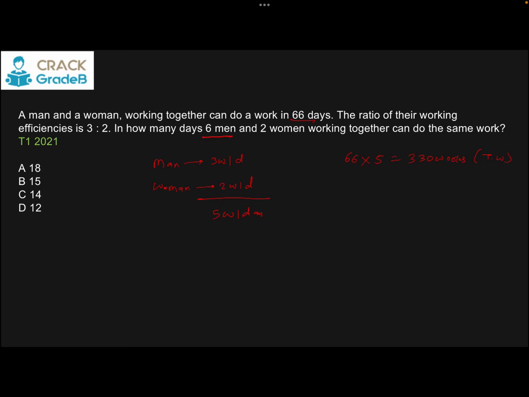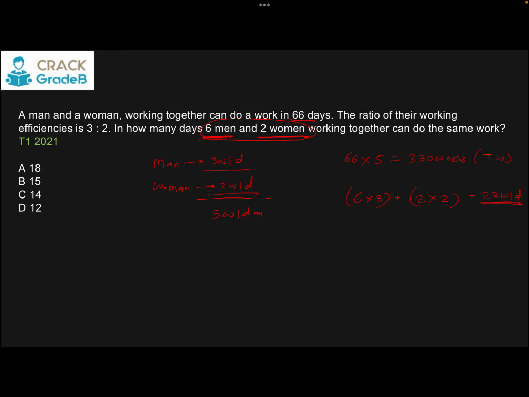Now that is to be completed by 6 men and 2 women. So how many days will be required? Every day, 6 men will do 6 into 3, because every man does 3 works per day, and 2 women will do 2 into 2, because one woman does 2 works per day. So they are doing 18 plus 4, that is 22 works per day.